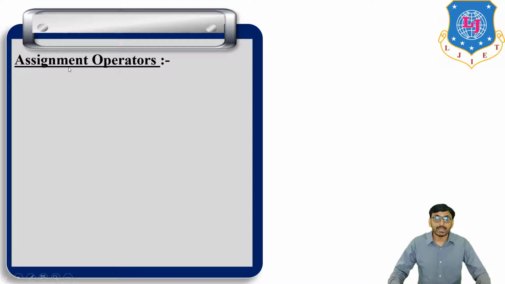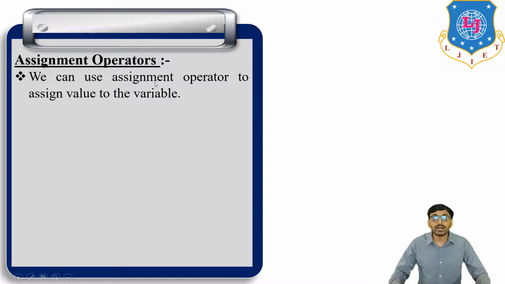Then assignment operator. We can use the assignment operator to assign a value to a variable. For example, a is equal to 2. So a is the variable, equal to is the assignment operator, and 2 is the value of a.